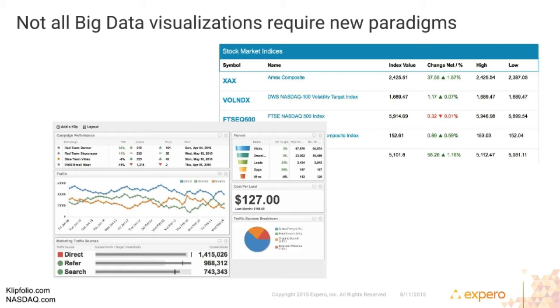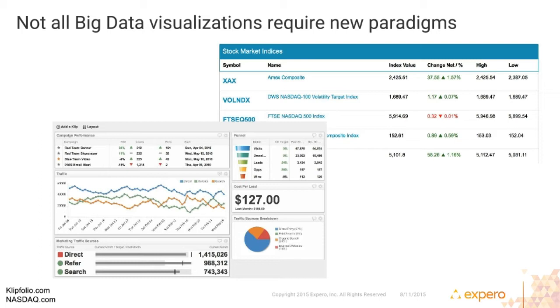So it's interesting in terms of UX, not all very large data sets, in terms of how you visualize them, there's not always a new paradigm required. Sometimes there's a whole lot of lifting that has to go on the back end in order to manifest something relatively simple on the front end.